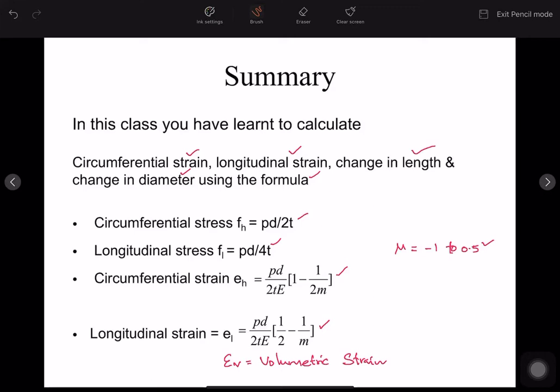The range of mu value, Poisson's ratio: generally 0 to 0.5, the positive side, is for engineering materials like concrete, steel, wood and any other material used for construction purposes.